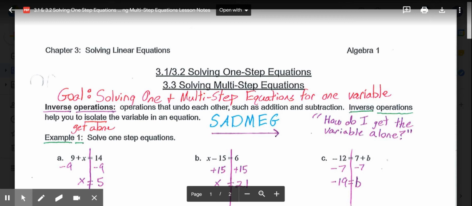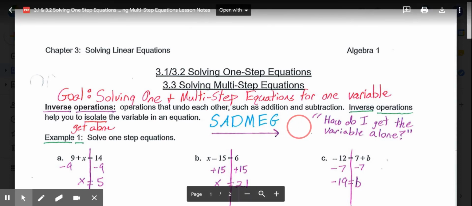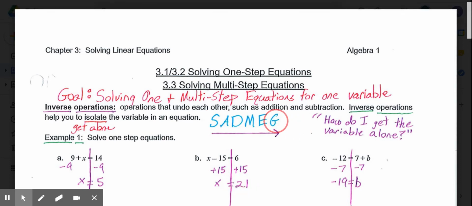So how do we isolate a variable? Well, we want to use inverse operations, which means we're working the order of operations backward, or in reverse. I always teach the order of operations as GEMDAS, the G being grouping symbols, so parentheses, brackets, etc. The E being exponents or powers, M multiplication, D division, A addition, S subtraction. So now instead of GEMDAS, we have SADMAG.